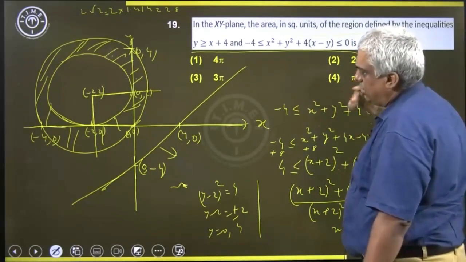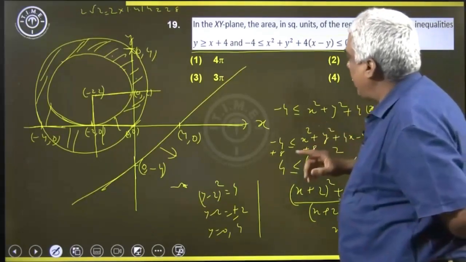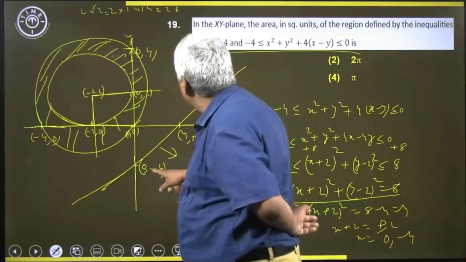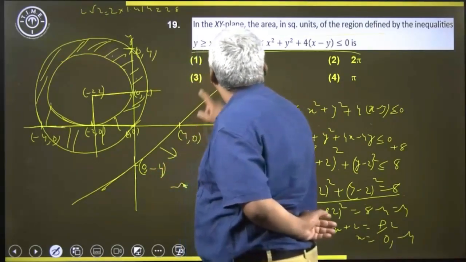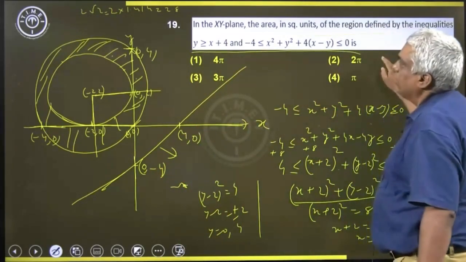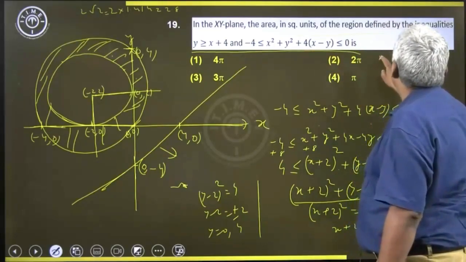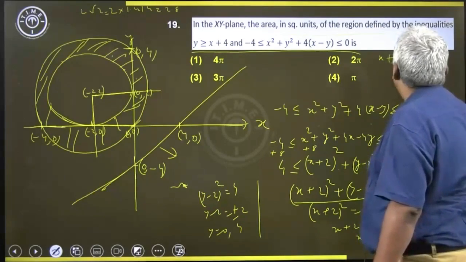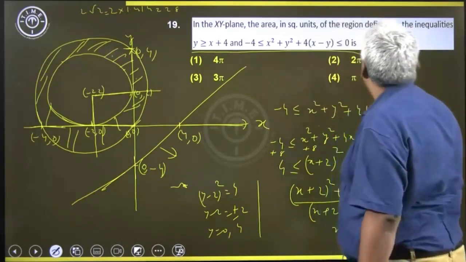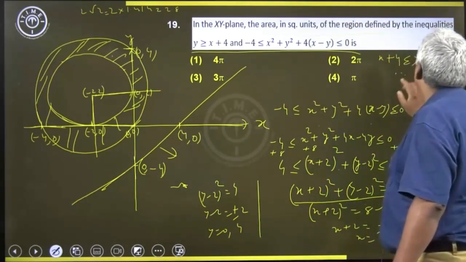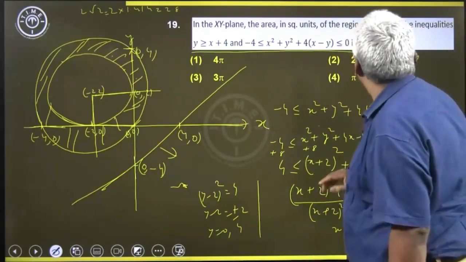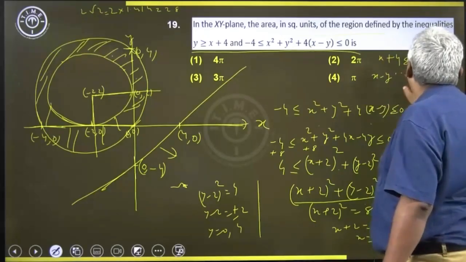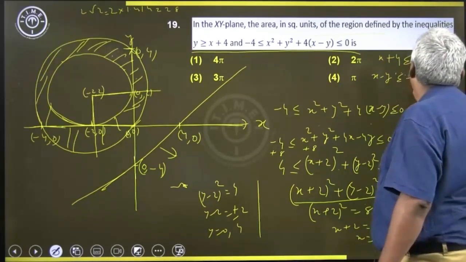I think I have made a mistake now. This line is passing through 4 comma 0 and 0 comma minus 4. Let's check. So the line is x plus 4 less than or equal to y, that means x minus y is less than or equal to minus 4.